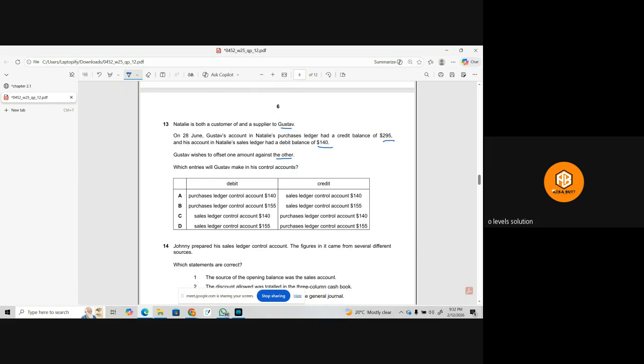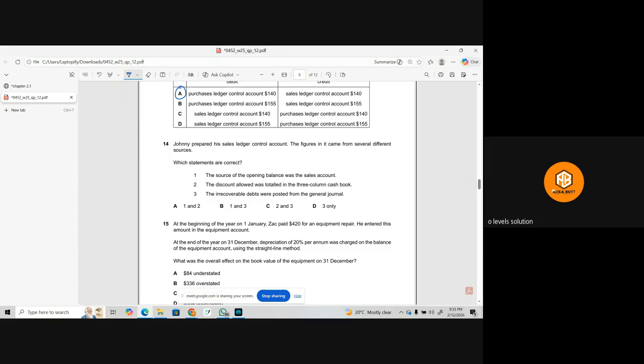We will debit the purchase ledger control account with 140, so this will reduce the amount he owes, and we will credit the sales ledger control account with 140, so this will reduce the amount owed to him. So A is basically the correct option.